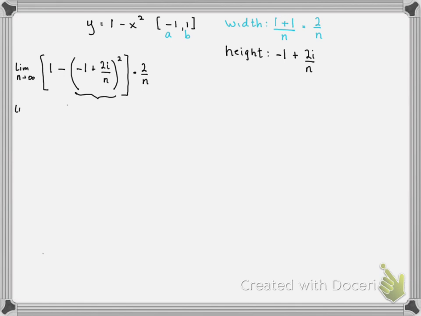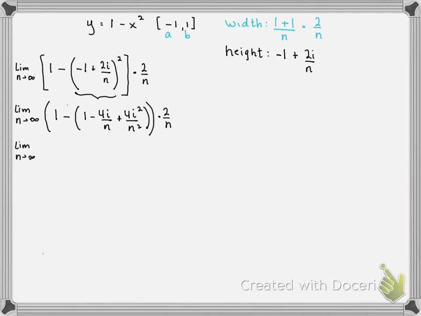And what we get when we do that is 1 minus 1 minus 4i over n plus 4i squared over n squared, and then we'll multiply in the 2 over n, which is our width.